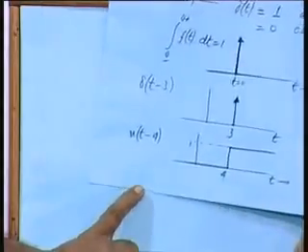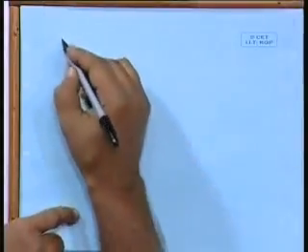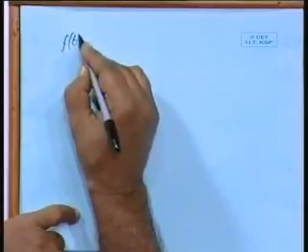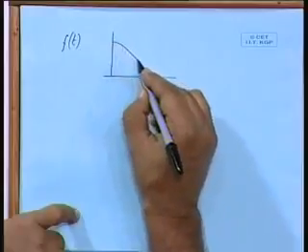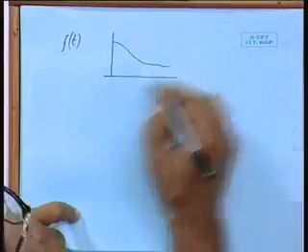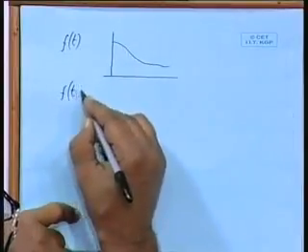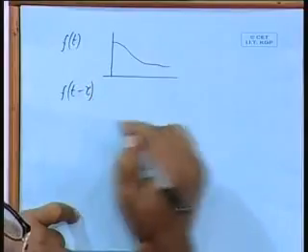So, any function, if we shift it, f t is a function say like this. Then what is f t minus tau?